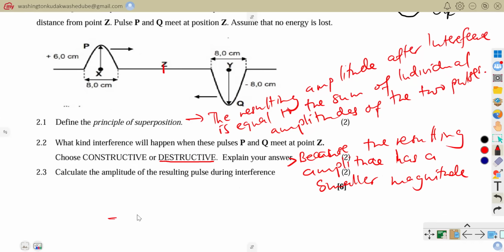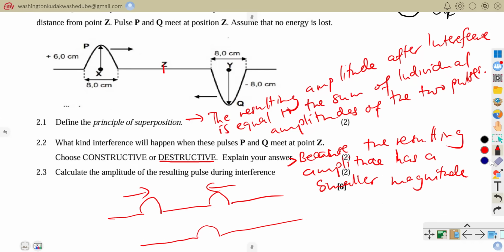But whenever we've got a constructive interference like this, we have got two pulses. This pulse is going that side and that pulse is going that side. Let's say this is my first pulse, and I'm also going to have my second pulse starting on top of this, so that the resulting amplitude becomes the sum of the two.